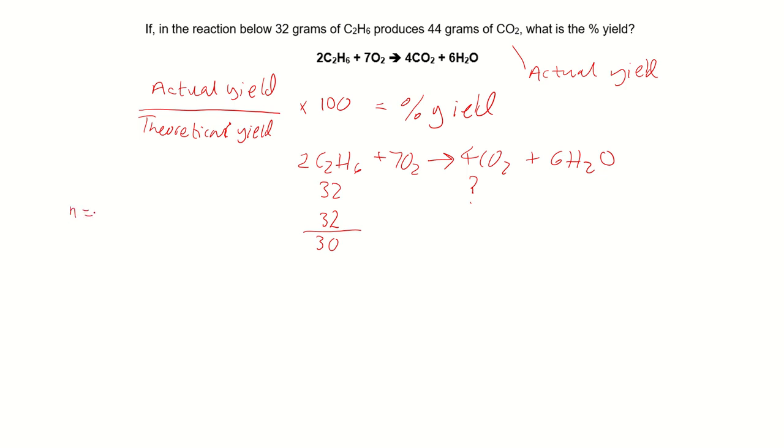The number of moles equals mass over molecular mass. So 32 divided by 30 equals 1.066 recurring. So we would say 1.067 moles. Now we need to find out the actual mass.